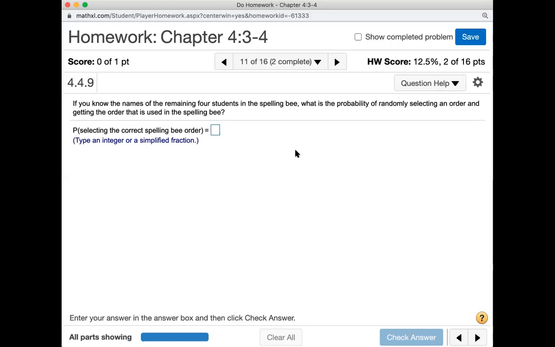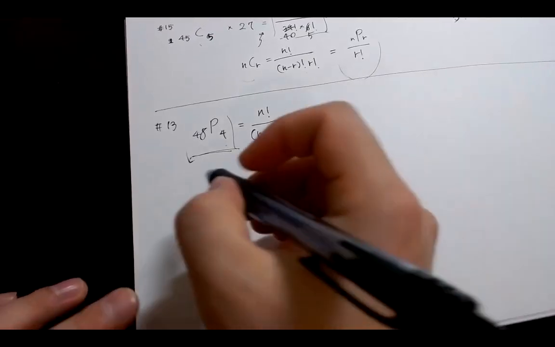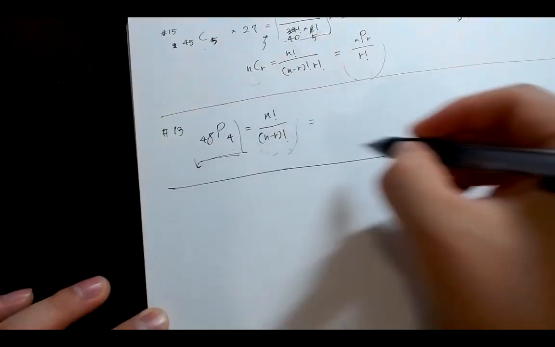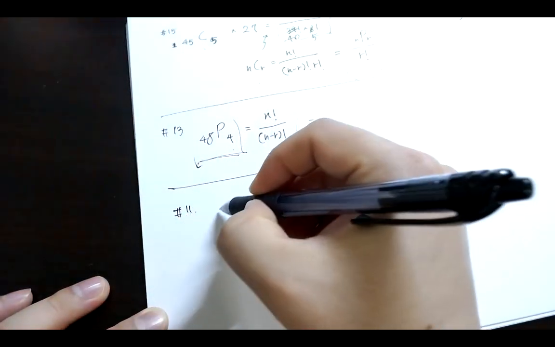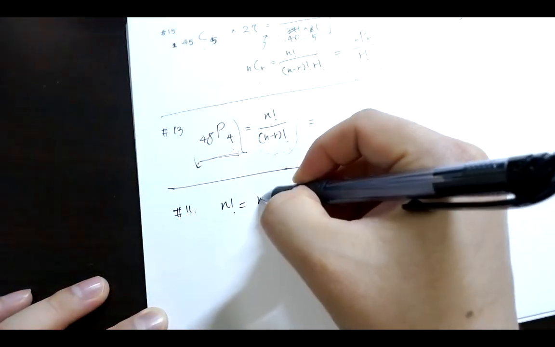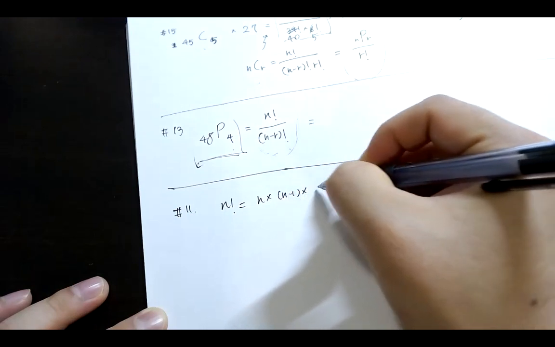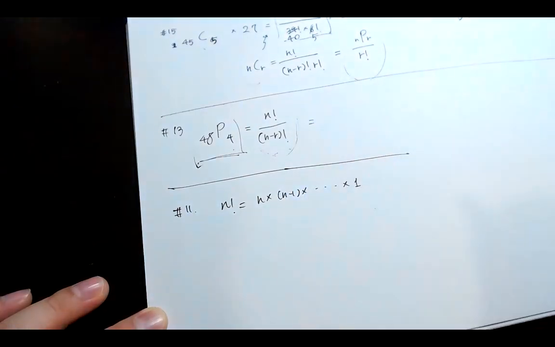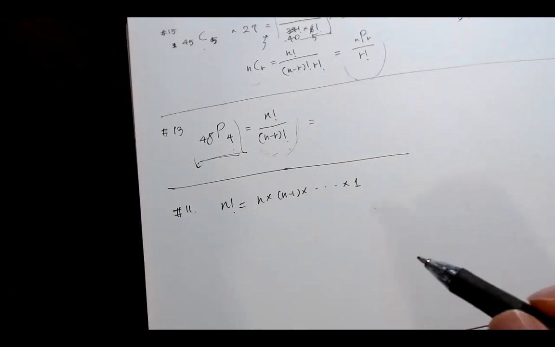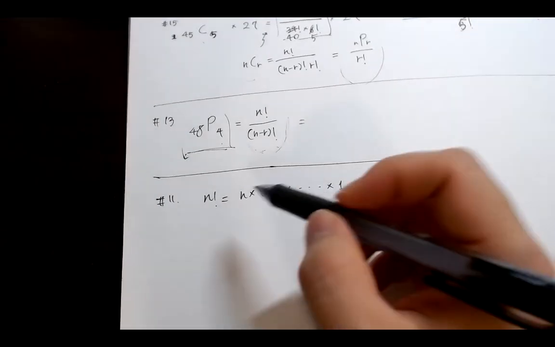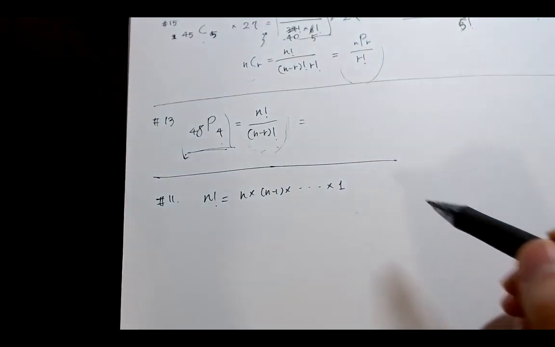So what's a factorial? n factorial is n times n minus 1 times and so on through 1. It's just the multiplication of numbers starting from n and decreasing by 1 until we get 1.